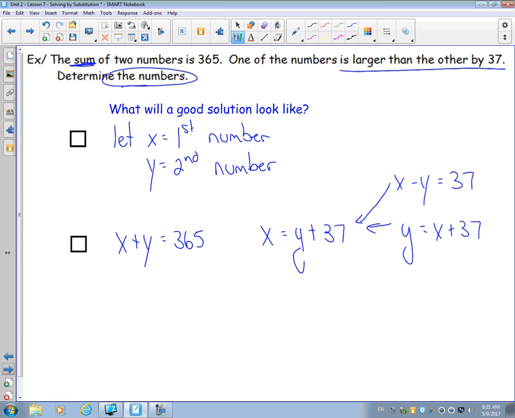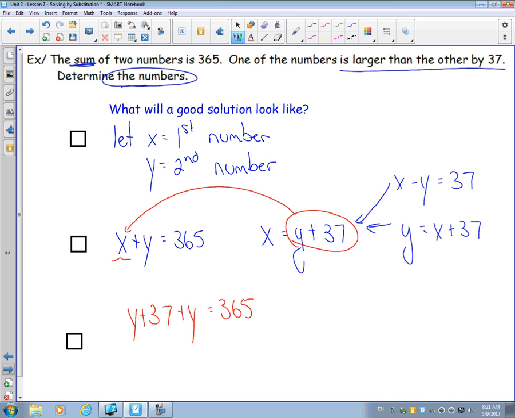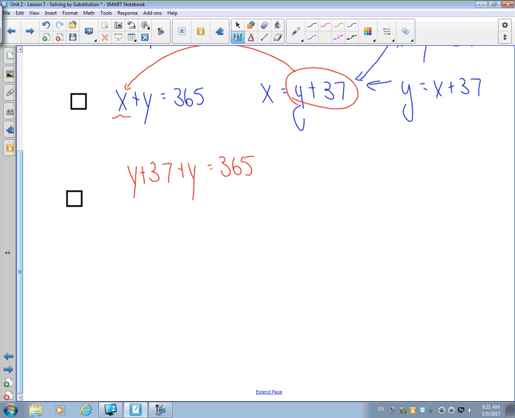Now, this looks to me like a substitution question. So step three, we've got to do the math. We've got to take this stuff and put it in for this stuff. What's that going to look like? X is y plus 37. So I end up with y plus 37, that's x, plus y equals 365. I can solve this.